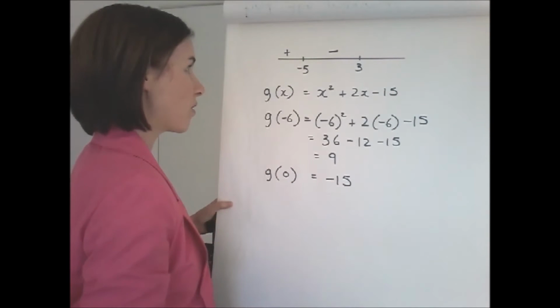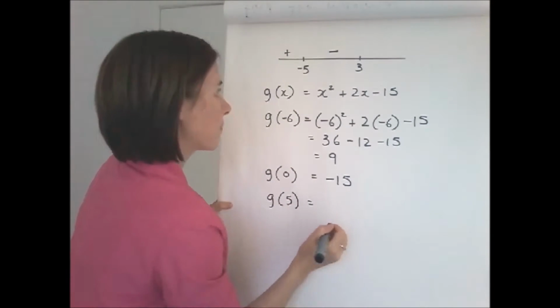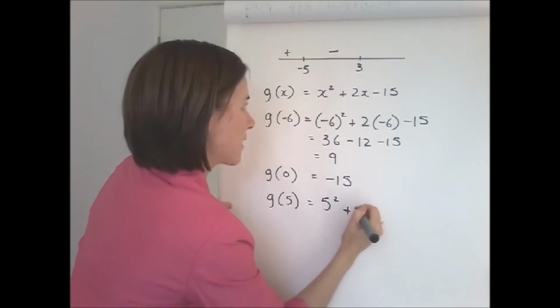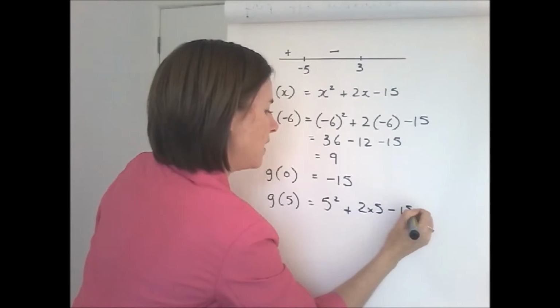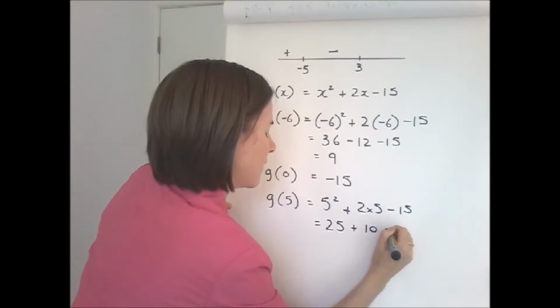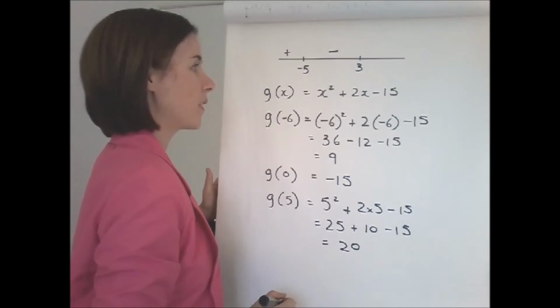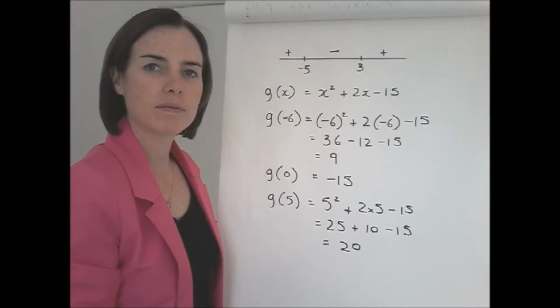Now something bigger than 3, I might use 5. 5 squared plus 2 times 5 minus 15. 25 plus 10 minus 15 is 20. Positive, so that region is positive.